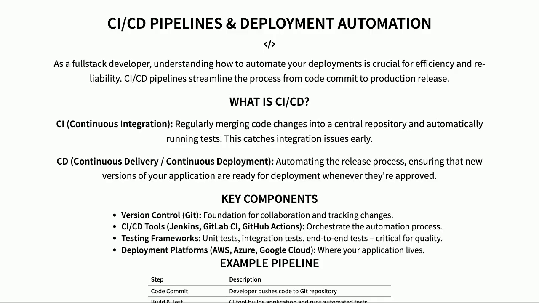We use tools like Git for version control, CI/CD platforms like Jenkins or GitHub Actions, and lots of automated testing to make sure everything works correctly. A typical pipeline involves code commits triggering builds and tests, followed by deployments to staging environments where stakeholders can give the thumbs up before it goes live in production.